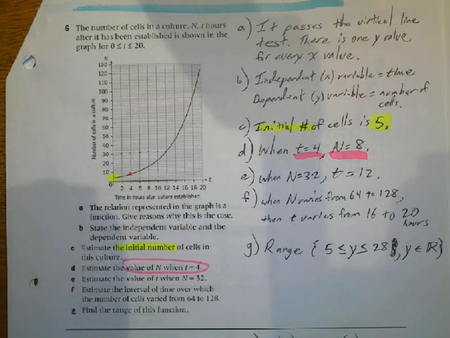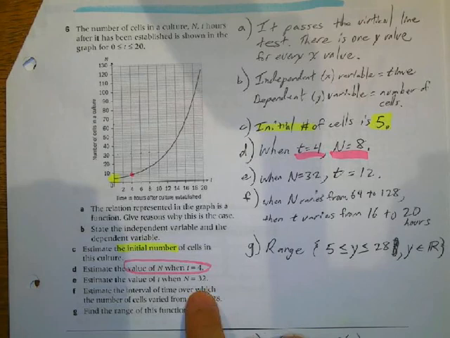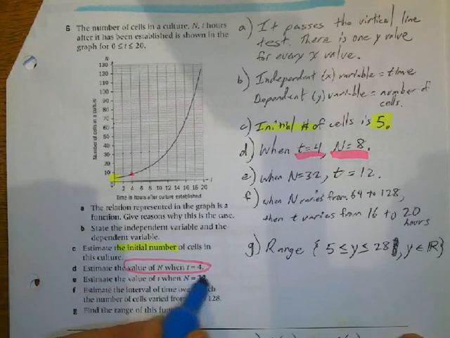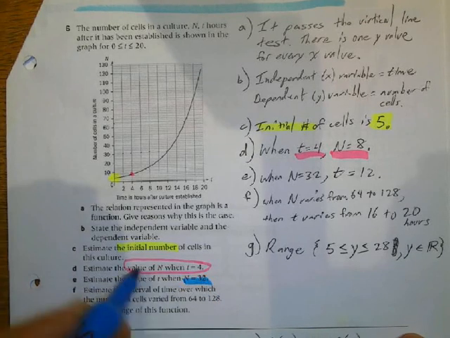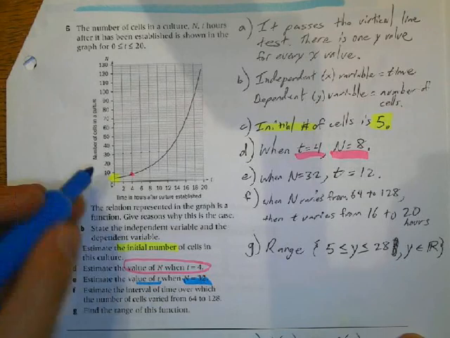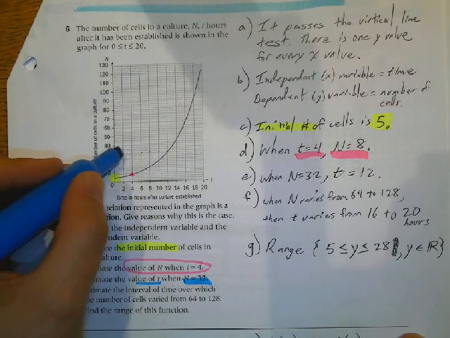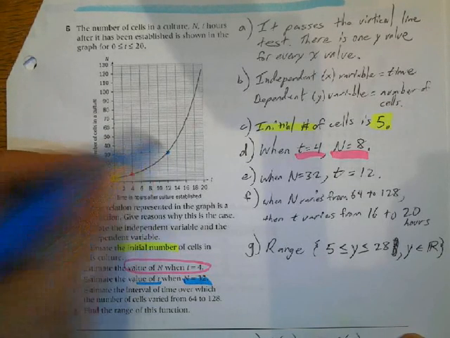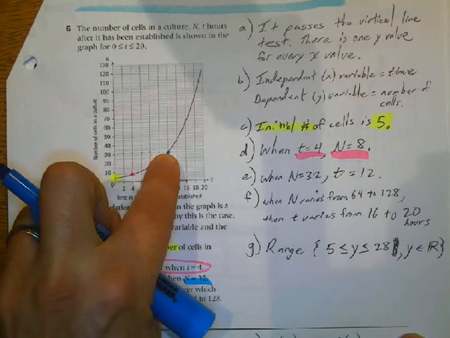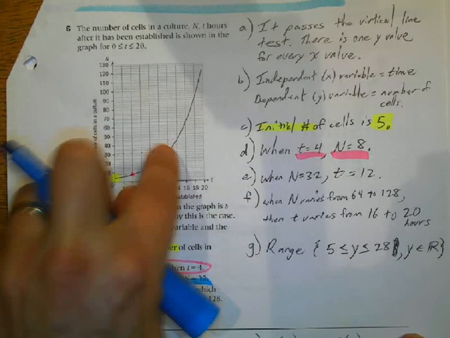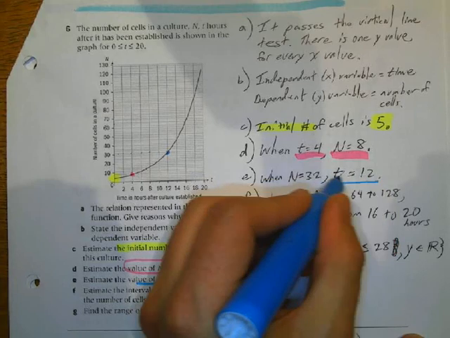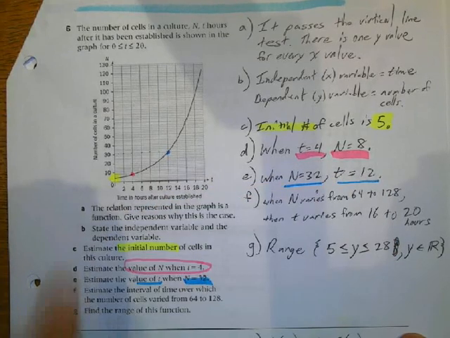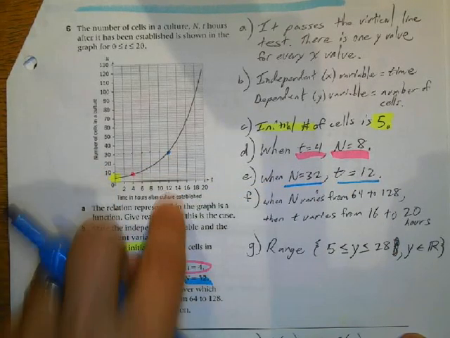Estimate the value of t when n equals 32. So if I go to n equals 32, I go over and down. So it looks like the time is going to be 12.